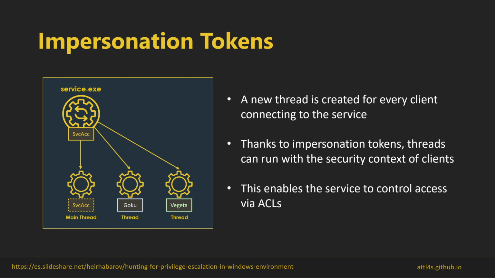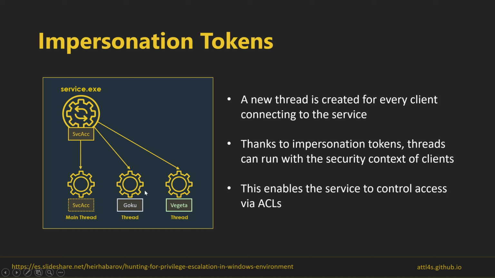For example, we have this service. Imagine we have a web application and the web application is running with this process and with this token belonging to a service account called service account. So in this case, when a client connects and authenticates into the service with Windows authentication, the result is a new thread being created.